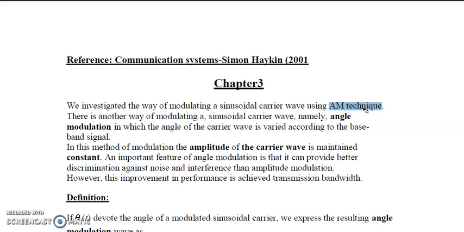As you know, modulation means the carrier signal amplitude is varied according to the amplitude of the message signal, and in the modulated signal there is the envelope that changes according to the message signal amplitude. Now we have to start the third chapter, that is frequency modulation.